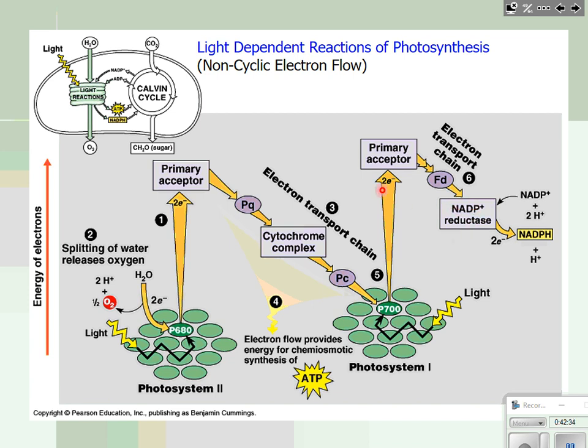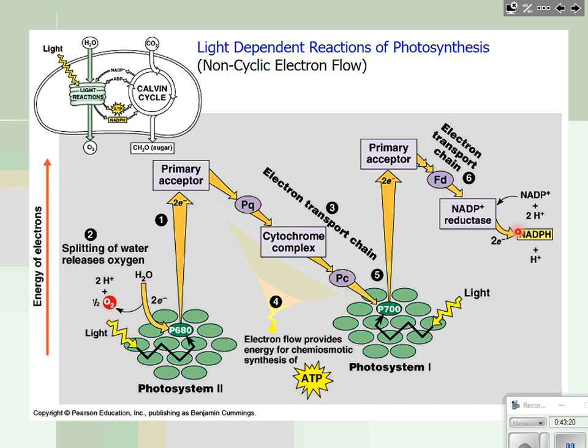It is going to pick up those 2 high energy electrons, and it's going to pick up a couple of hydrogen ions, and it's going to stick those onto a molecule called NADP+. So this enzyme, NADP reductase, that's the name of the enzyme, its job is to reduce NADP+ by adding the 2 high energy electrons to it. And when NADP+ is reduced, it picks up the 2 electrons and it becomes NADPH.